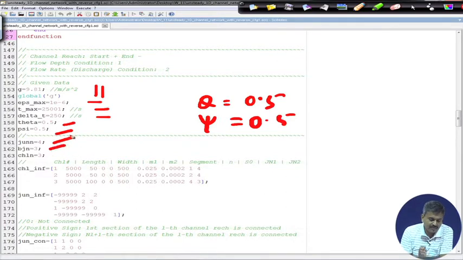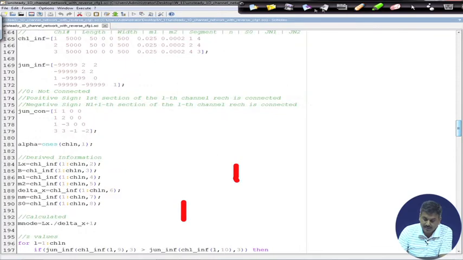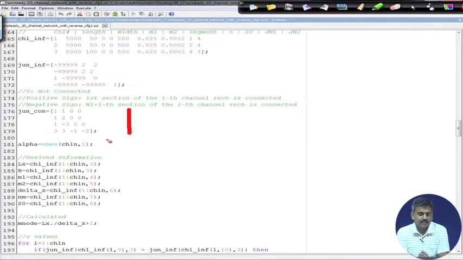Boundary junctions, we have 3 boundary junctions, channel number is 3. Now, this is our channel information matrix, junction information matrix, and then we have this junction connectivity matrix. Alpha, for each channel we will consider that alpha is constant and equals 1. So, this value is 1.